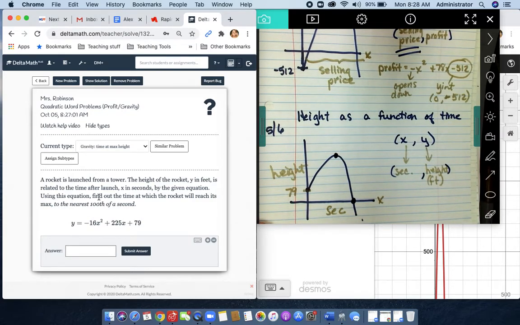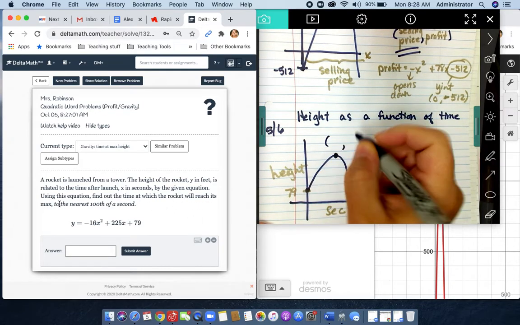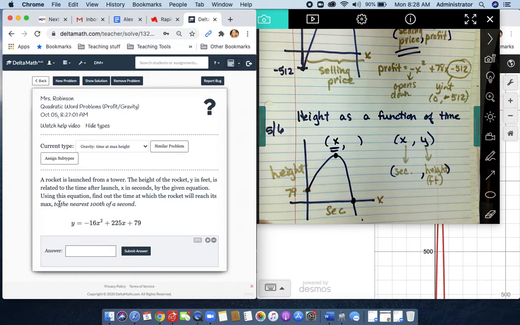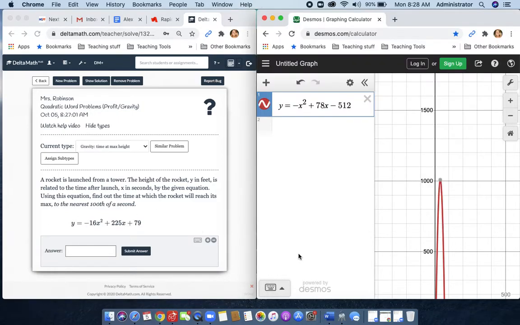Using the equation, find out the time at which the rocket will reach its max. So that means I want to know the x value at the max because x is time in seconds. So I'm going to go over here to Desmos again.